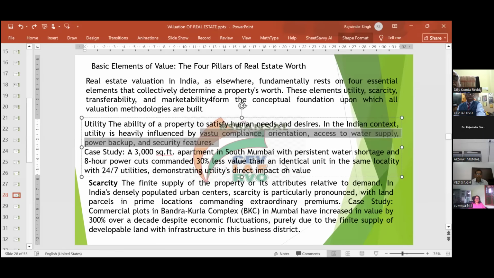For example, a 3,000 square feet apartment in South Mumbai with persistent water shortage and 8-hour power cut commanded 30% less value than an identical unit in the same locality with 24/7 utilities, demonstrating utilities' direct impact on the value. So I think this term utility is clear from this example. How the utility influences the value of a particular property.